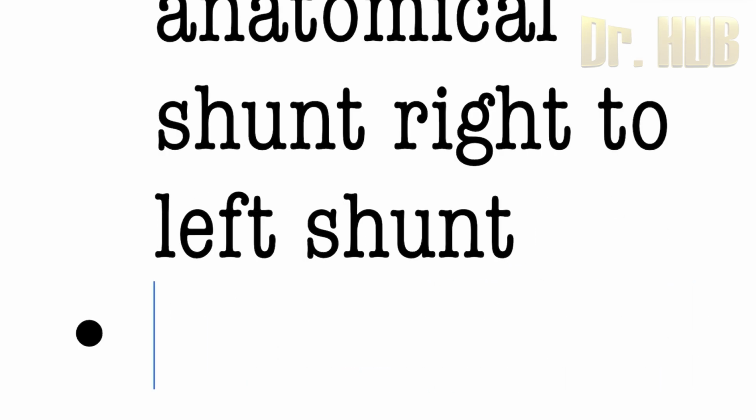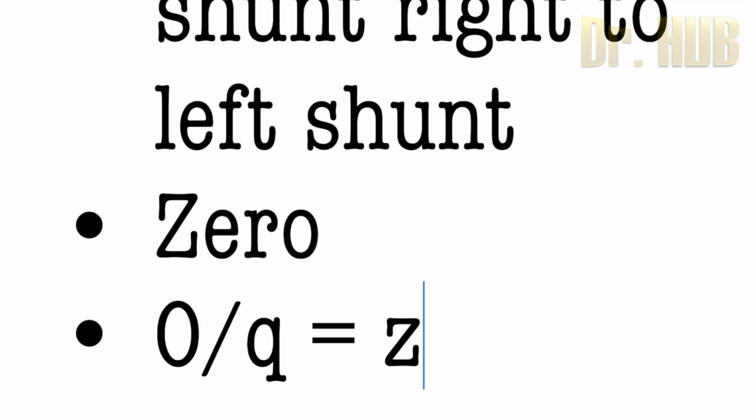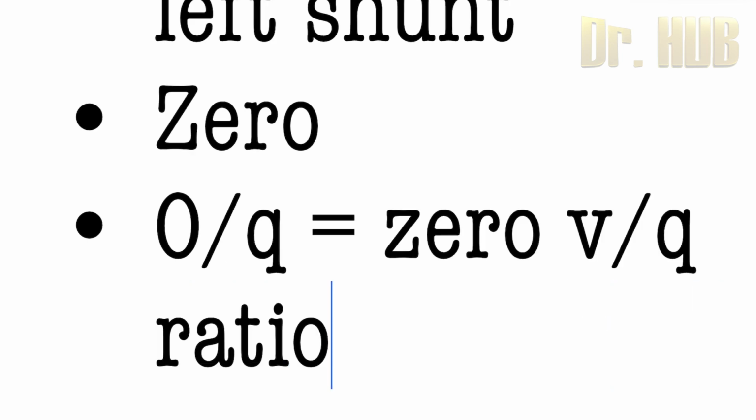The V by Q ratio is 0, since V is 0, and dividing 0 by any number always gives 0. So for the shunt, the V by Q ratio is 0.